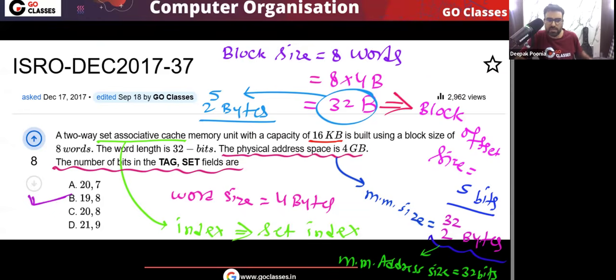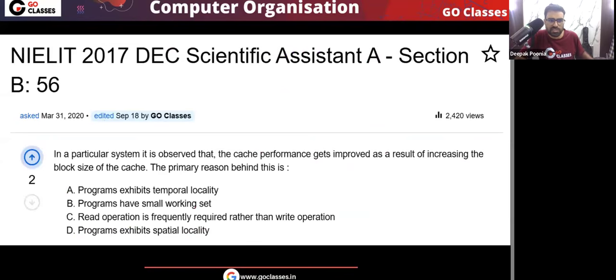Very simple question. Let's solve the NIELIT 2017 question. In a particular system, it is observed that the cache memory performance improves as a result of increasing the block size of the cache memory. What is the primary reason behind this? This is a beautiful question.